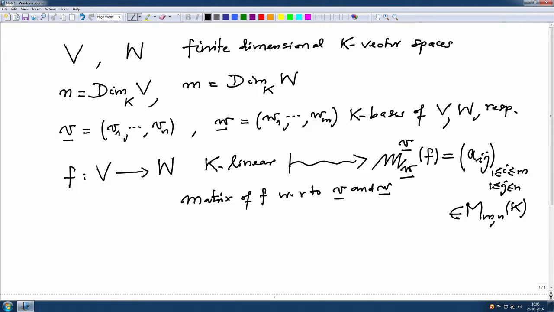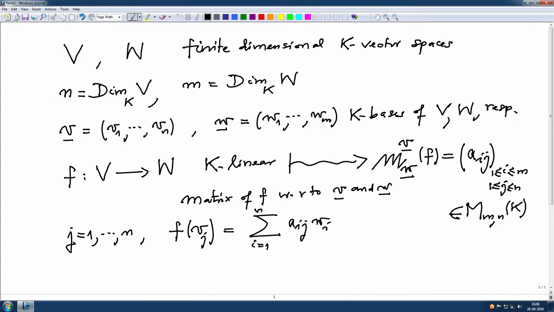And how are the Aij's defined? Aij's are defined by these equations, for j equal to 1 to n: the image of the jth vector in the basis of V under F, that is F of Vj, you can write as a linear combination of the basis W of capital W, and that is the sum of Aij Wi, i from 1 to m.